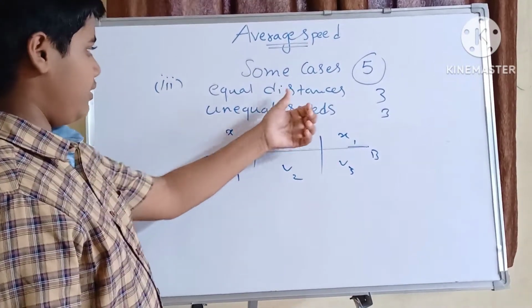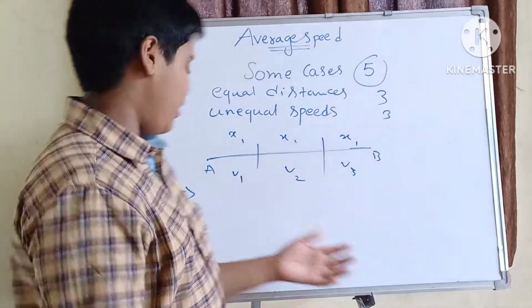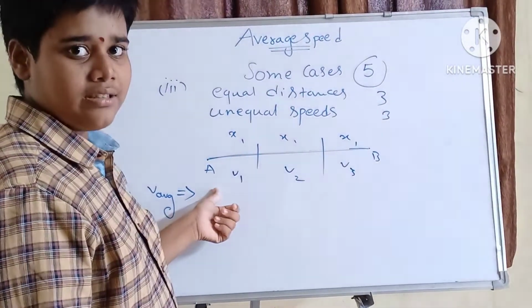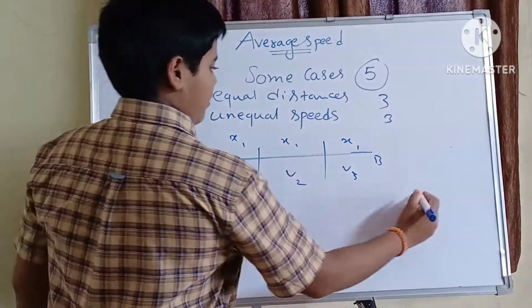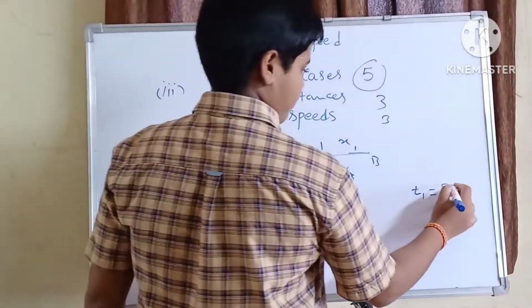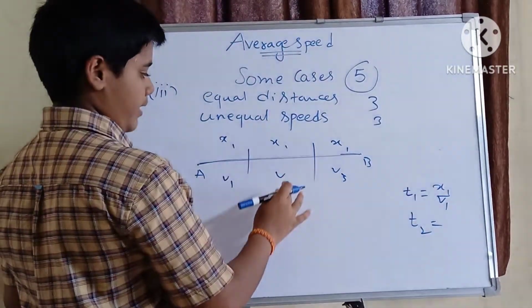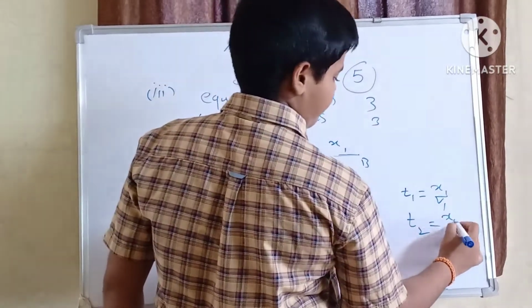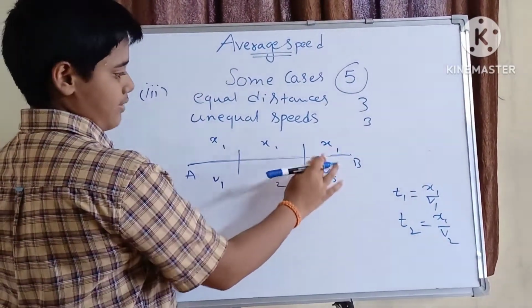So here they give distances and speeds, so we have to find time, because the formula is total distance by total time. So here T1 is equal to x1 by v1, T2 is equal to x1 by v2, and T3 is equal to x1 by v3.